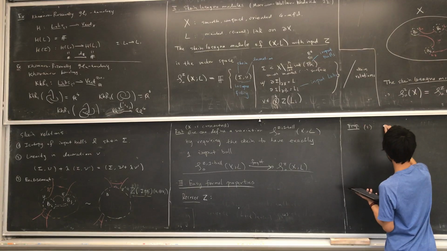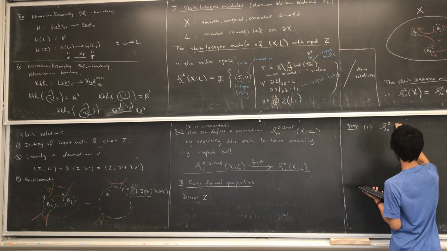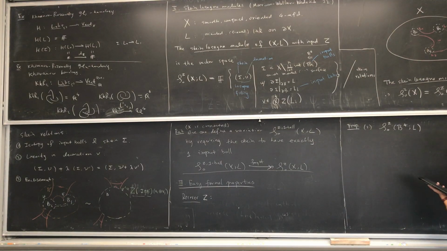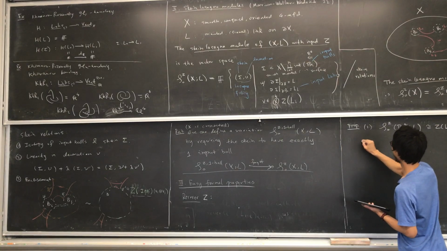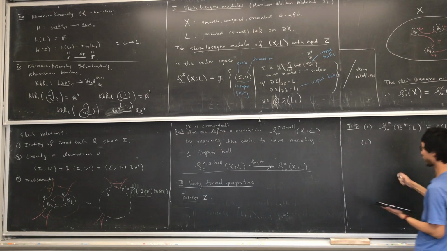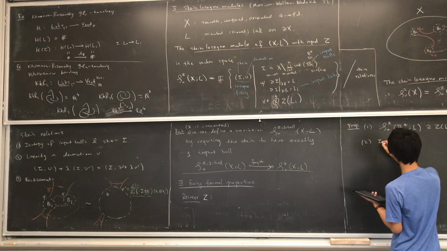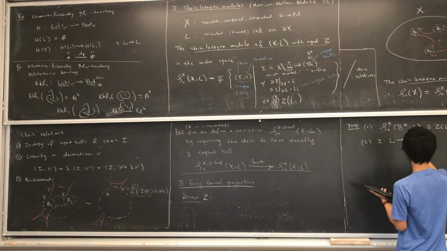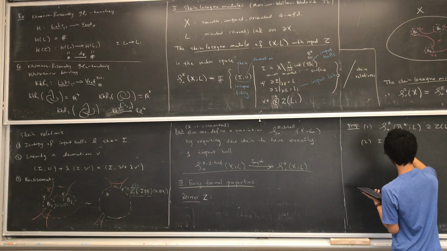Number one, if I take the skein lasagna module of the four-ball with boundary L, this is canonically isomorphic to the homology of L. And secondly, this is a statement on the level of objects, but I can actually upgrade it to a statement on the morphisms as well.